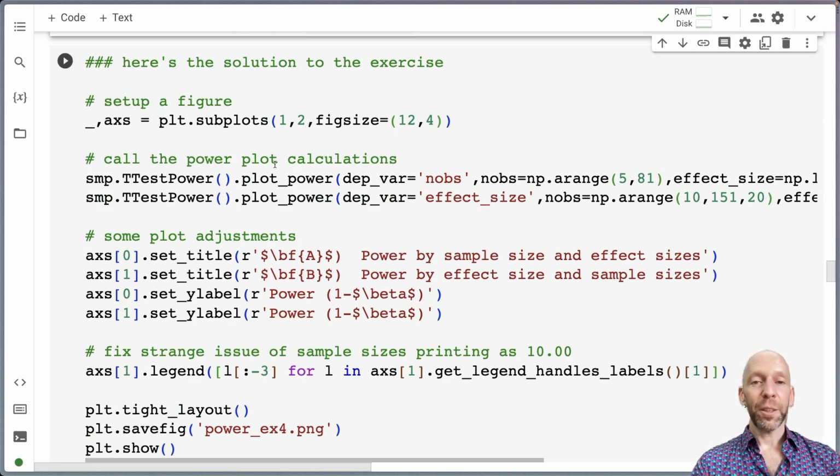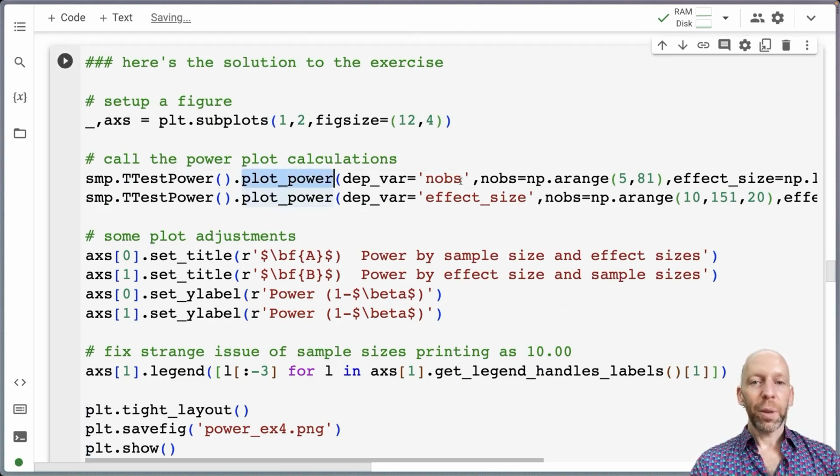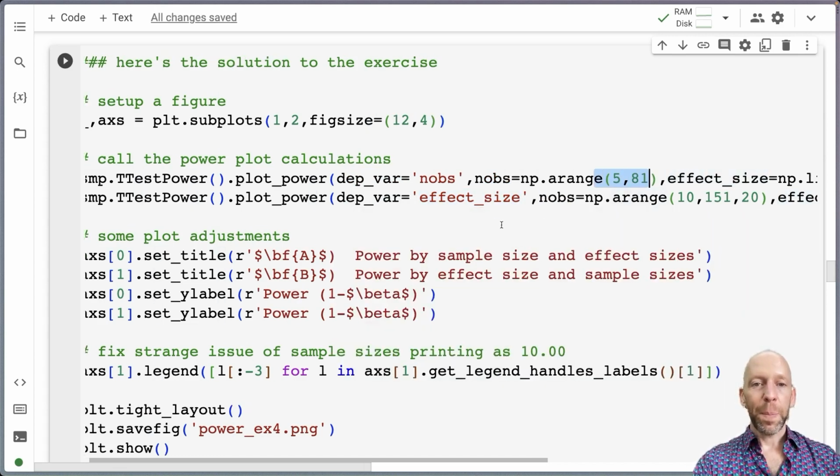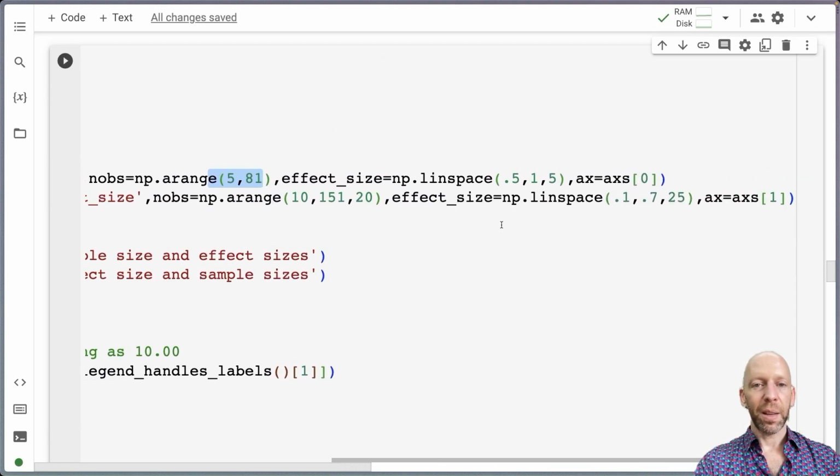Okay, so let's see. It is fairly straightforward. You can see we're calling this function plot_power. Really, we're just changing some of the parameters in here. So here I have the dependent variable as the number of observations. So basically this is what goes on the x-axis. Here the effect size is going to go on the x-axis. I'm changing the parameters a little bit, but I do want you to appreciate that the way that we call this function is really similar.